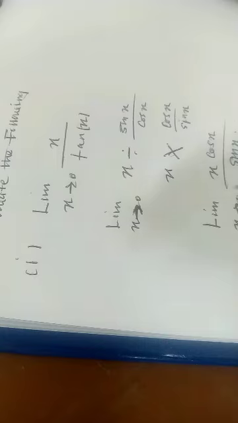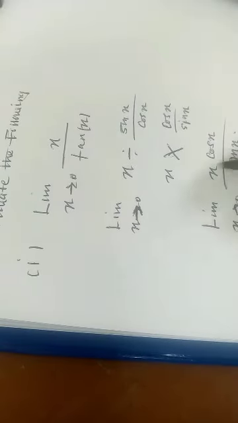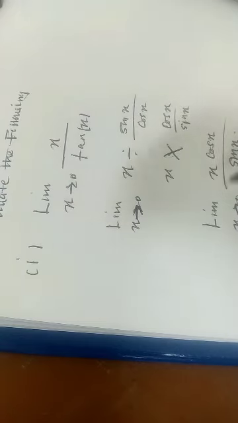If you replace 0 directly, despite cos 0 being 1, the 0 in front will affect the numerator part. So you need to try by all means to write it in this way: limit as x approaches 0.